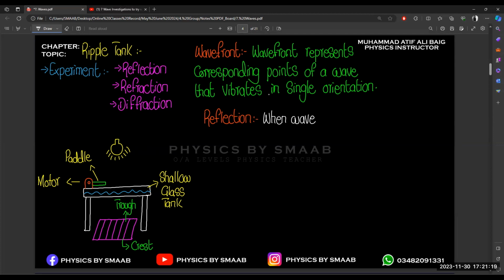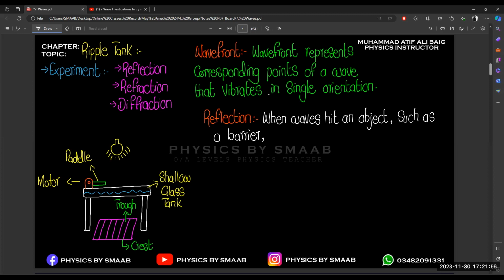when waves hit an object, such as a barrier, just like the barrier you observe in the video, you may place any wooden bar or any plastic material or any type of barrier.